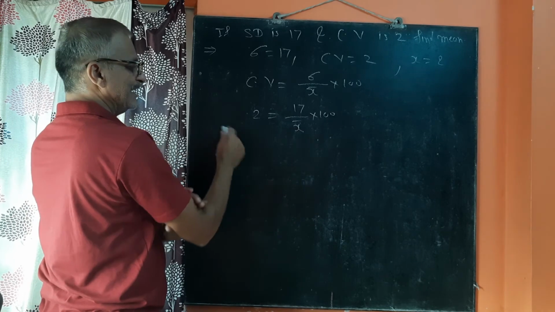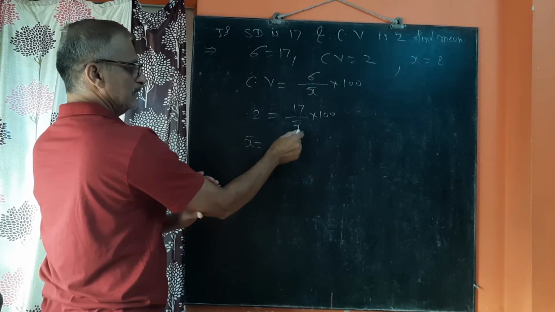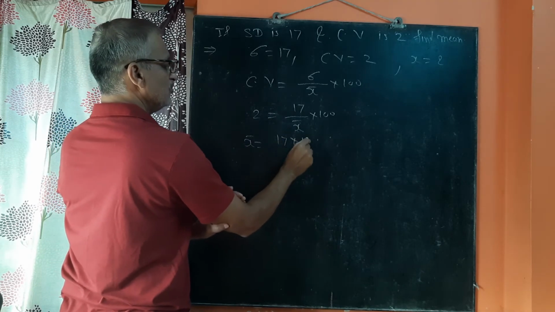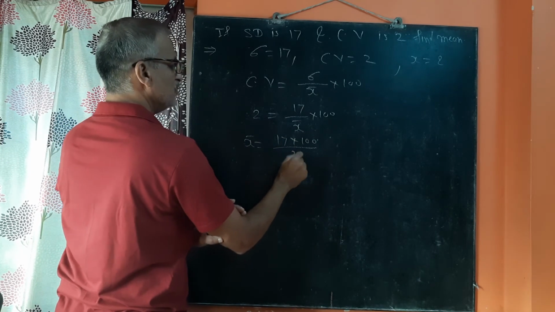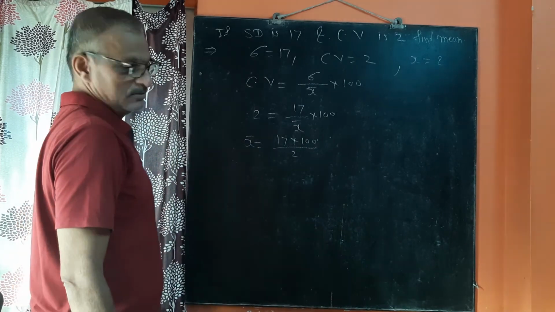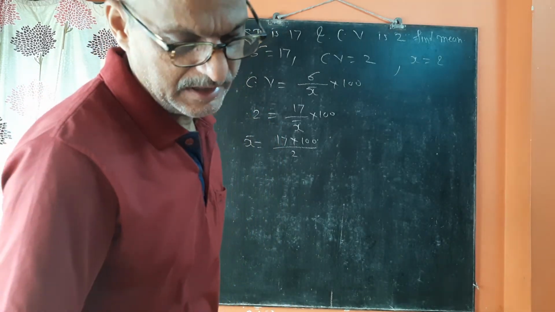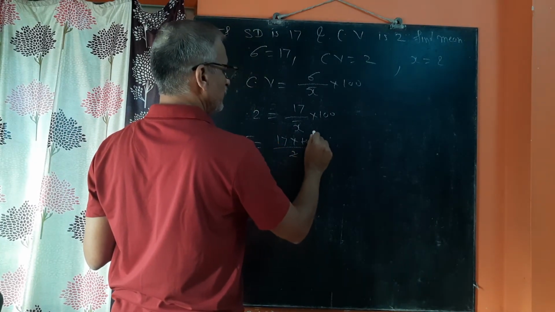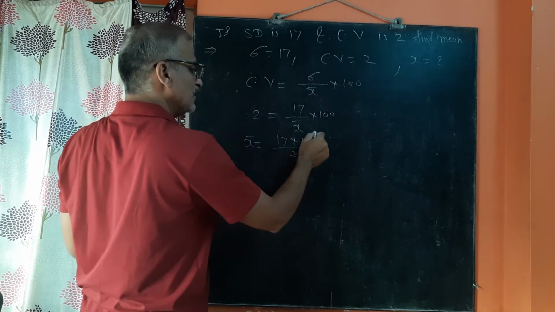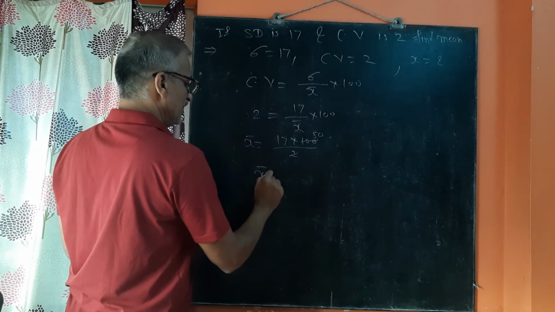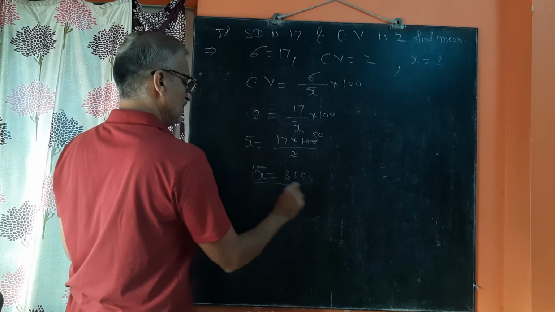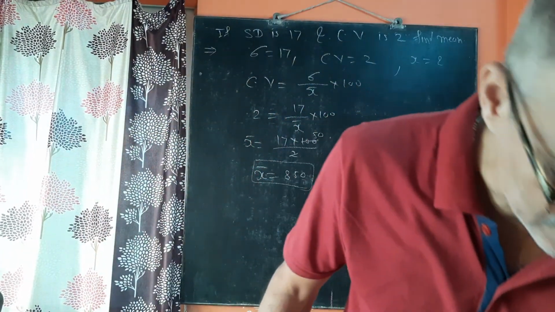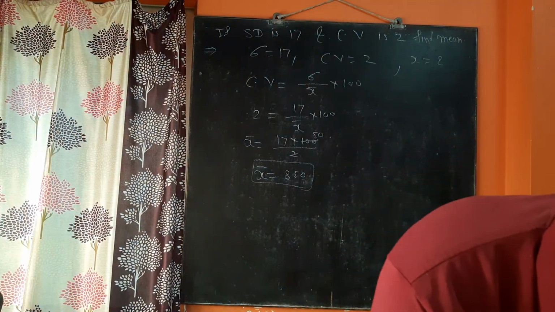So x bar equals, by cross multiplication, 17 into 100 divided by 2. If you calculate it, you will get x bar equals 850. So the mean of that data is equal to 850.